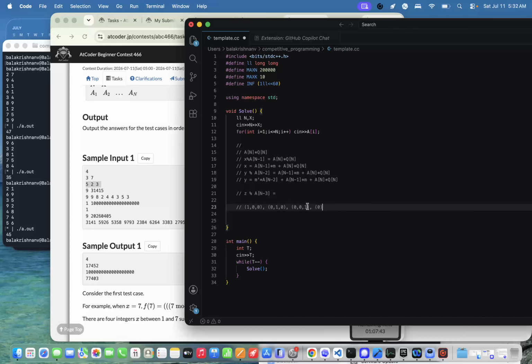Anything that can be expressed as a linear combination of these numbers. But 1 cannot be expressed.